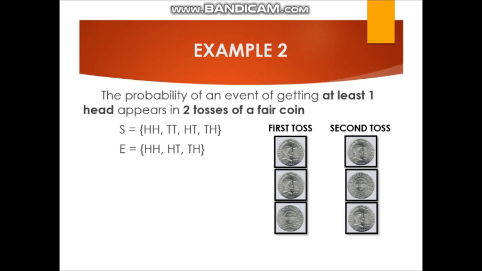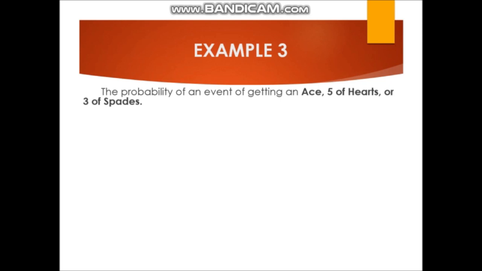So since that we already know the value of our sample space and events, then we can get the probability of an event. So here is the solution. Number of events is 3, and number of sample space is 4. So we have a probability of an event which is equal to 0.75.